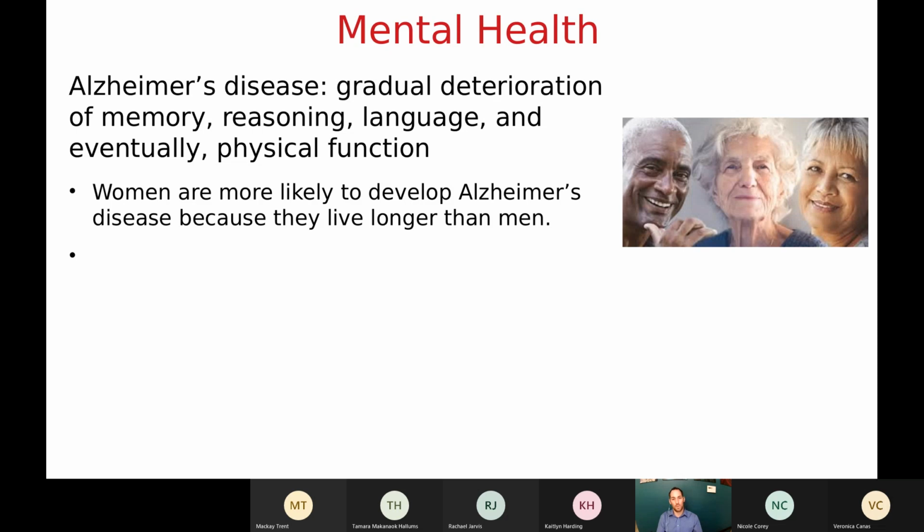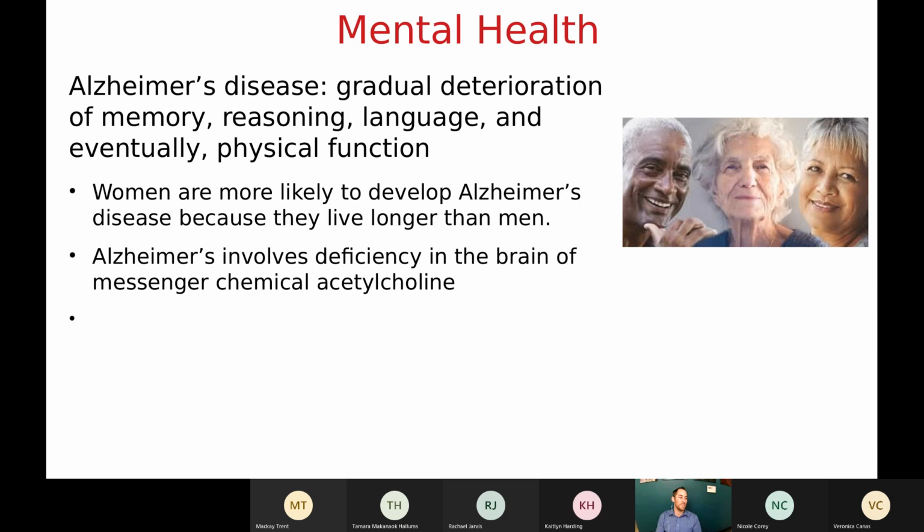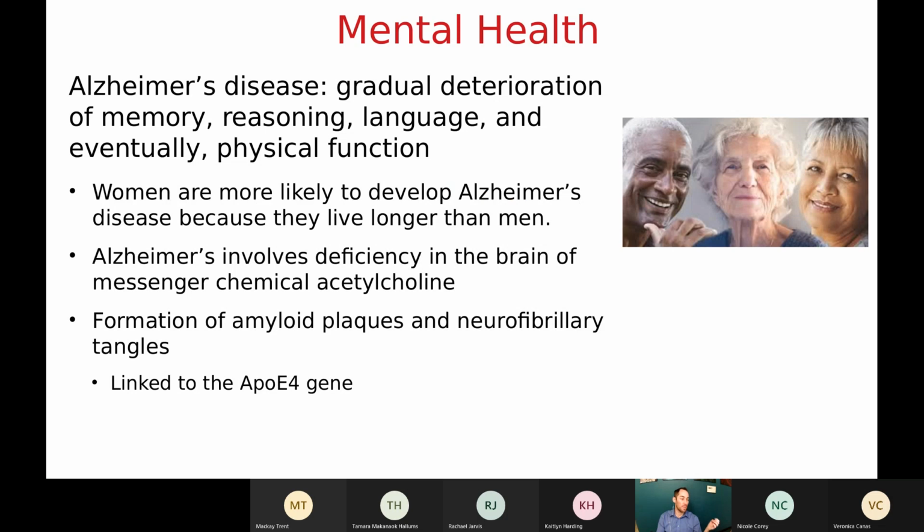So women, again, are more likely to develop it because they're living longer. And the main thing here is Alzheimer's is coming from a deficiency of the chemical acetylcholine in the brain. So it's one of the supports in the brain and neurotransmitters, so it can have a wide-ranging effect. So also amyloid plaques and neurofibrillary tangles.